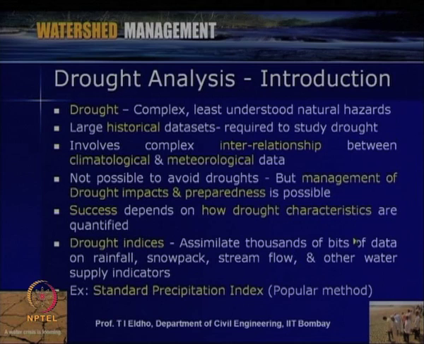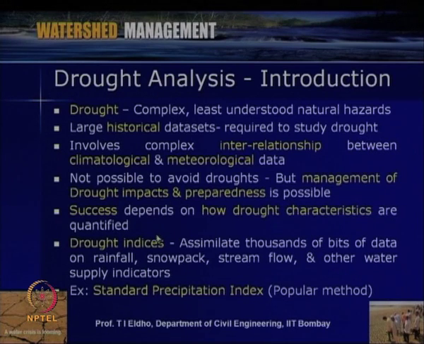The success of drought analysis depends on how drought characteristics are quantified. Drought analysis means we have to understand the characteristics of the drought, and the success depends upon how they are quantified in terms of some numbers or indices. These drought indices are commonly used as a tool to analyze the drought.